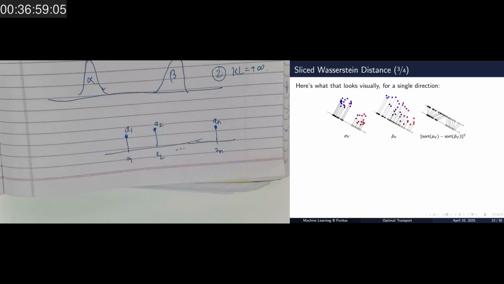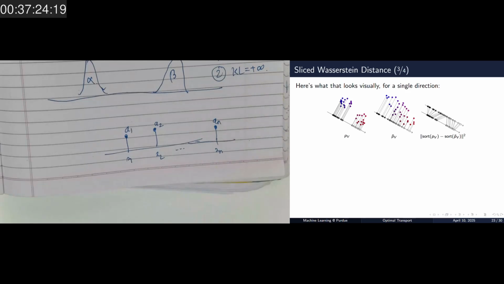All right. So here is what that looks like visually for a single direction. You have PV, which is the target, and you are projecting your measure in R2 in this case along that direction. You obtain P tilde V, which is like the output of your model, and that is in itself a projection.